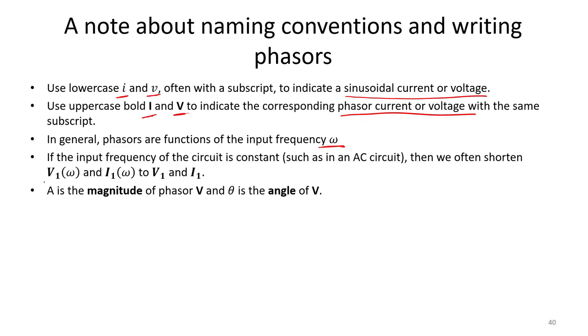So often we write phasors as a function of frequency. But given that most of our AC circuits have constant frequency, we generally can get away with just writing our voltage and current phasors as capital V and capital I. You'll see that a lot of electronics books follow this similar convention. Finally, remember if we have a phasor A angle theta, typically we call A the magnitude, and theta is our phase angle.